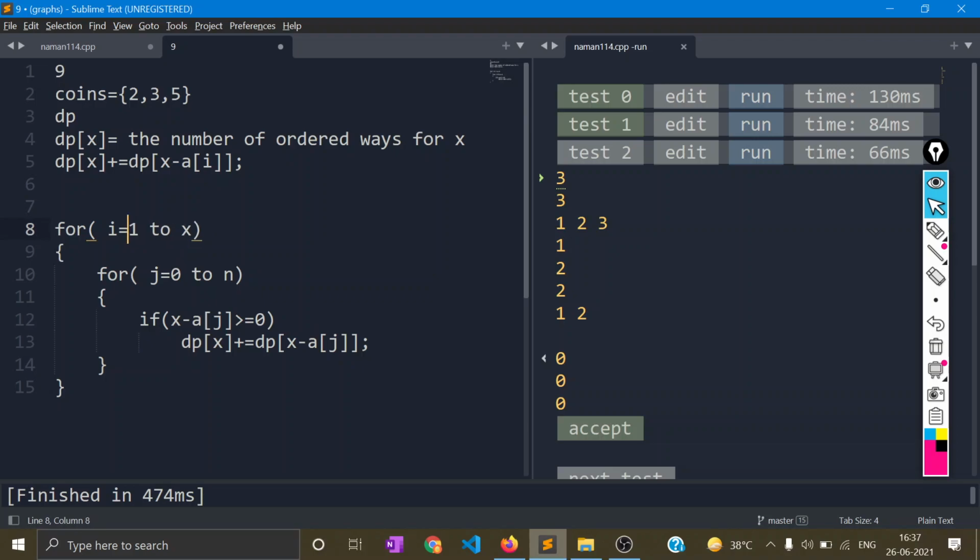If we see clearly, we are creating all the combinations of n to fill a particular x. If it is not clear, I will repeat: we are seeing all the possible combinations of all the elements for a particular x.